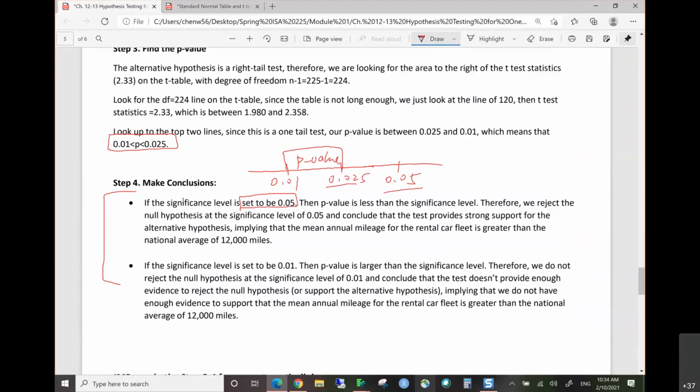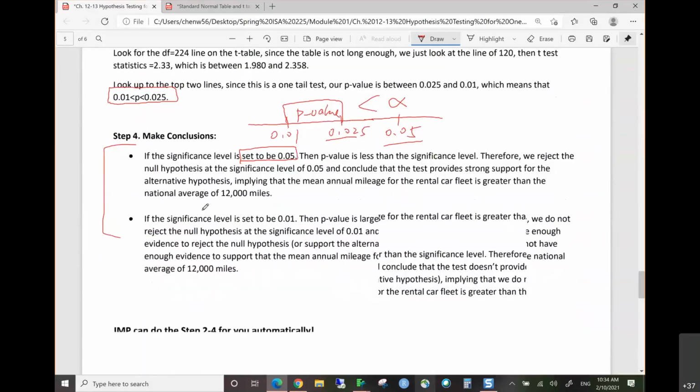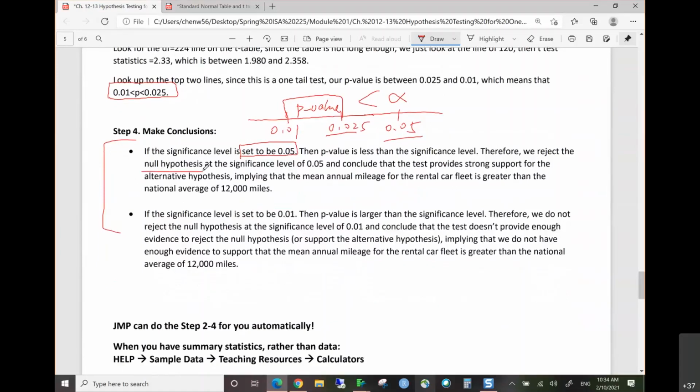So this will be your alpha. Then the relationship: p-value less than alpha, so we reject the null hypothesis. Is that done with your conclusion? Of course not. So this will be your conclusion.